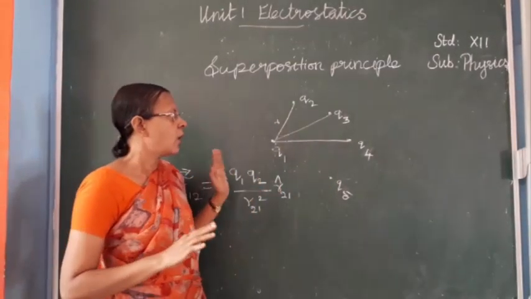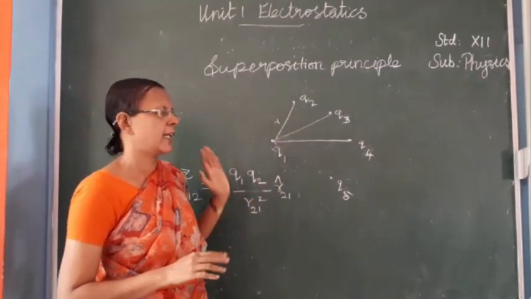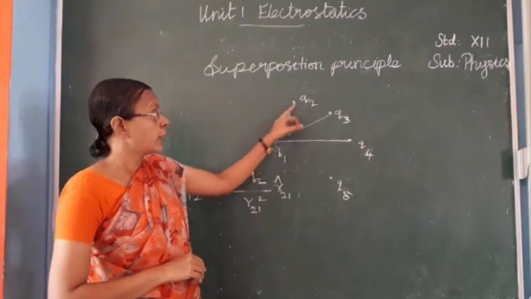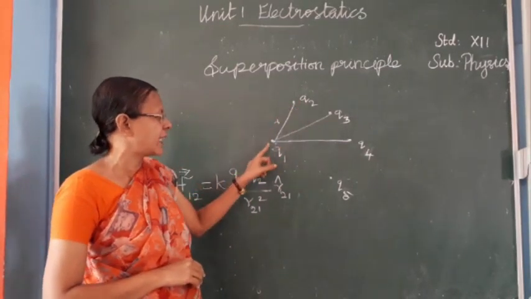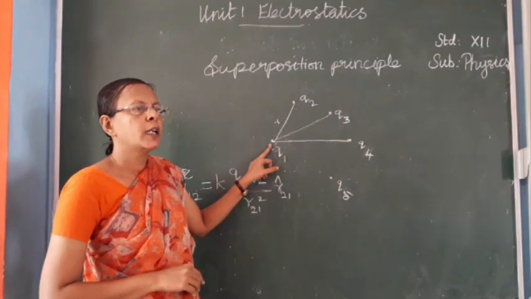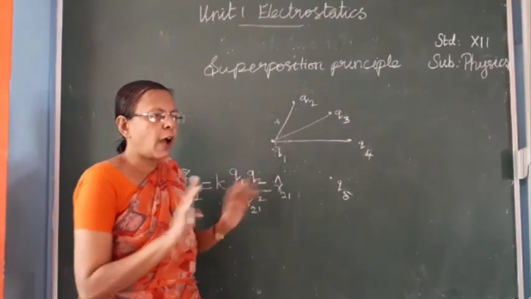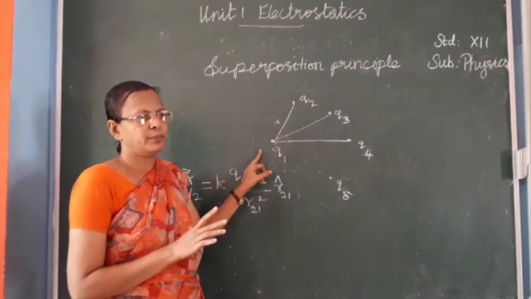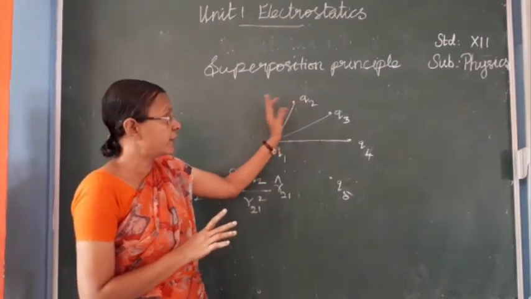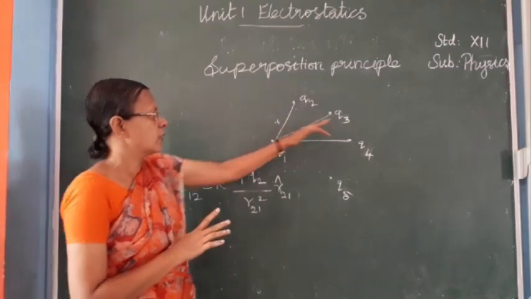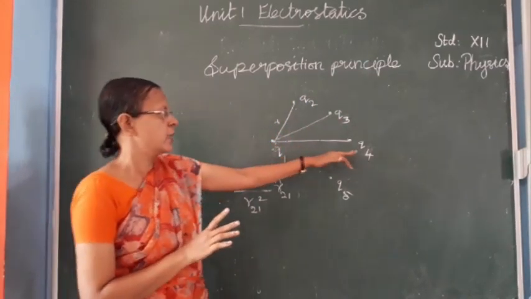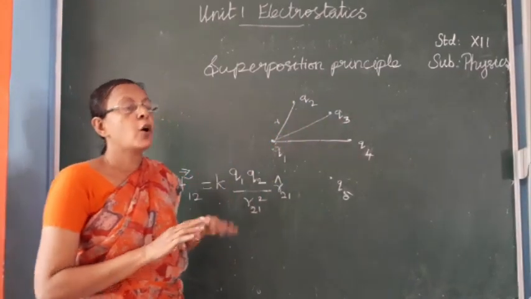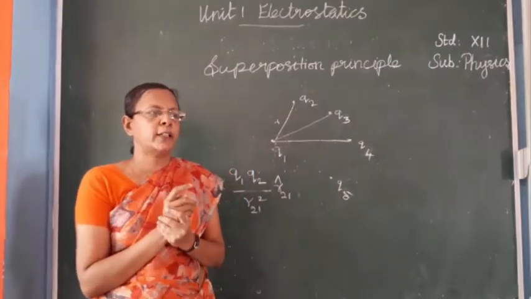Like this, all the charges are exerting a force. So if Q2 is exerting a force on Q1, that is not affected by the force by Q3. So this is different. Q2 separate, Q3 exerting another force, Q4 another force. So all the vectors we have to find out.